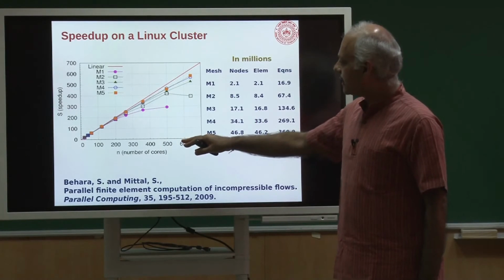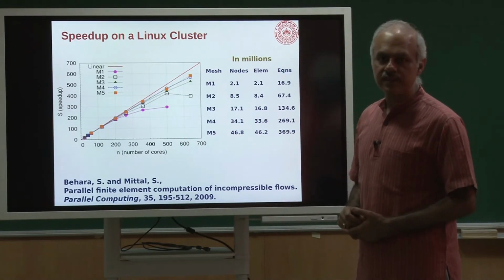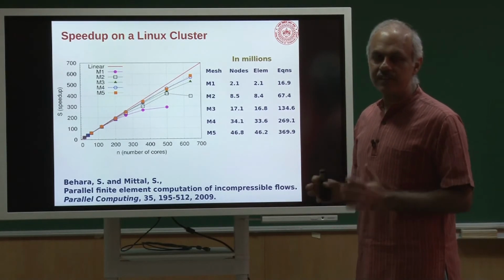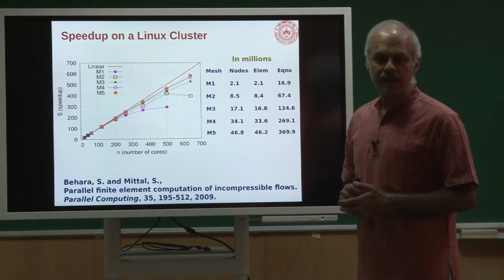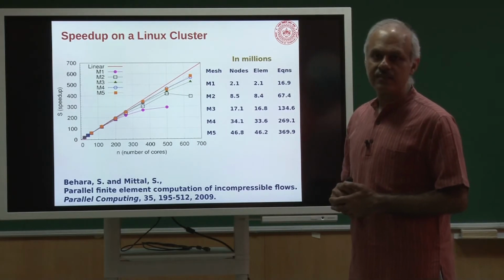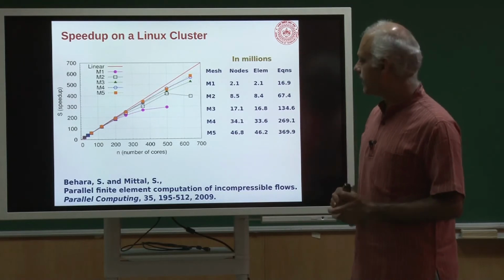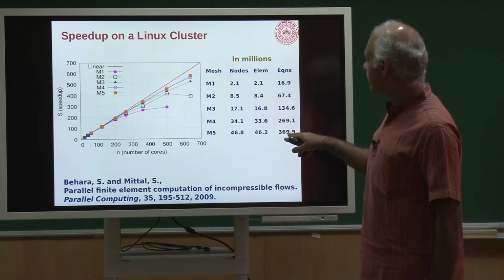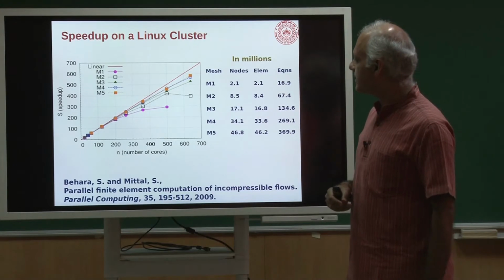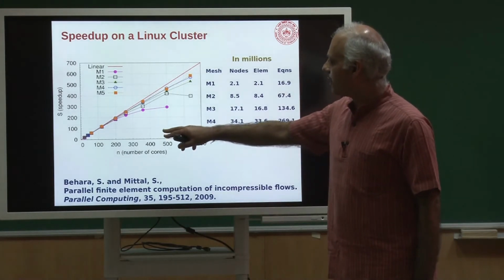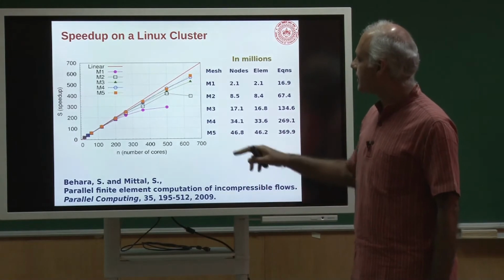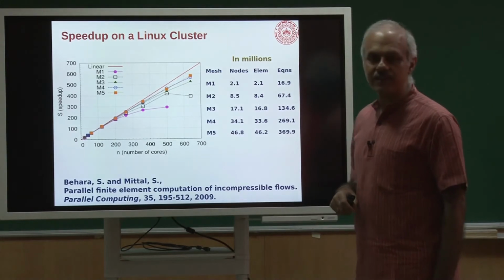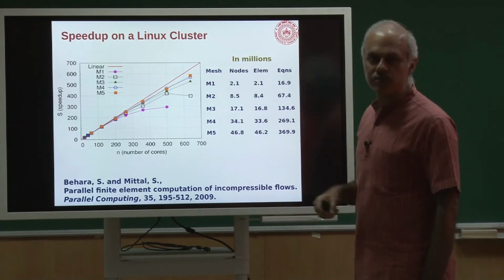So, what it shows is that as I increase the number of cores, I must also have a larger problem size. If I have a given problem size, I cannot expect it to scale linearly with the number of processors. Typically, if I had a mesh with about 370 million equations to be solved every nonlinear iteration, then as far as this code from our laboratory is concerned, it gives almost a linear speed up till about 600 or 700 processors, and then of course that would also start slowing down.